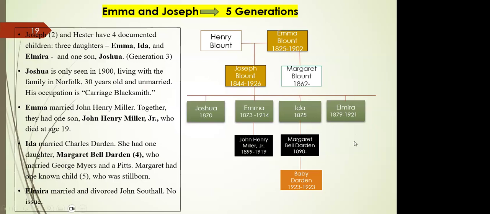So I'm going on and showing you the tree that I've been able to develop for Joseph. Unfortunately, as you can see, it doesn't appear that this family made it, that they died out in the mid to late 1900s, as you'll see in a few minutes, and did not carry on to today.